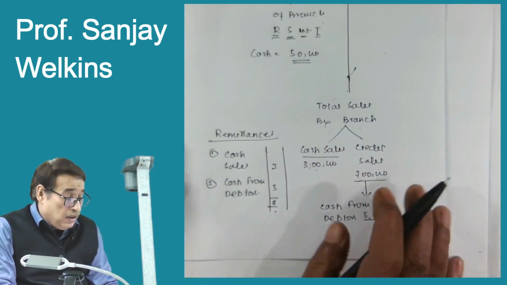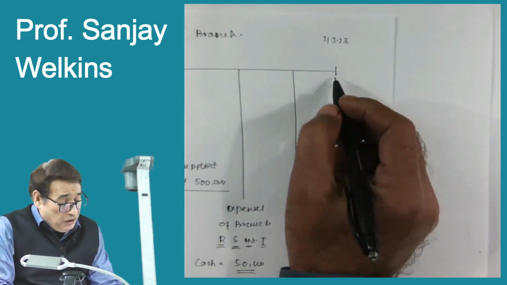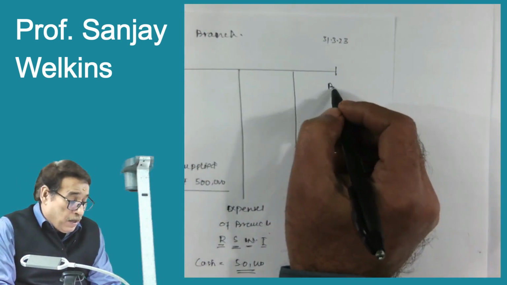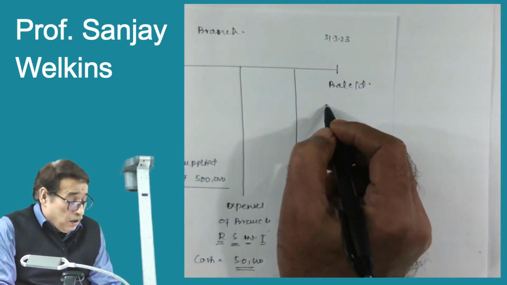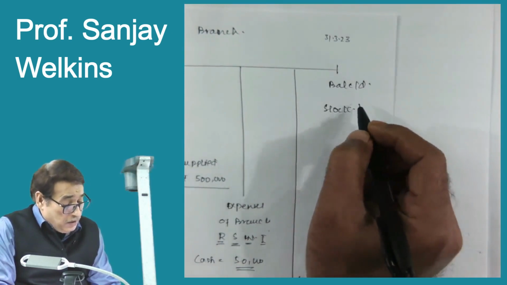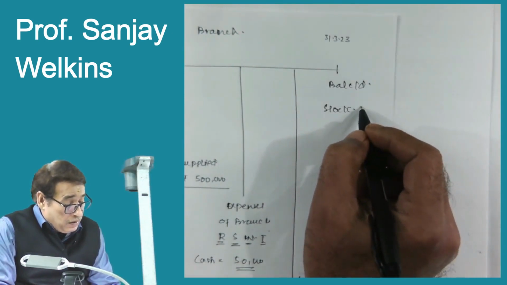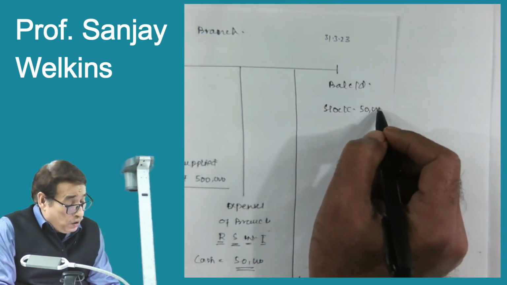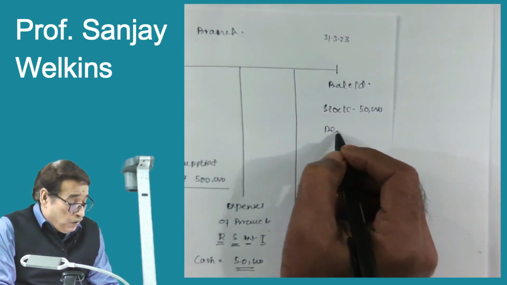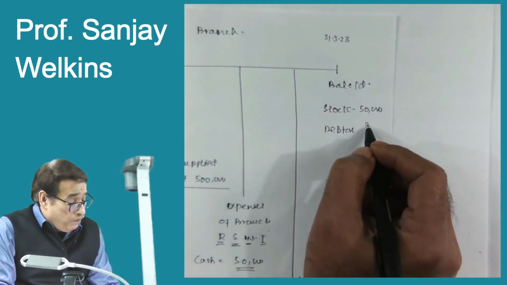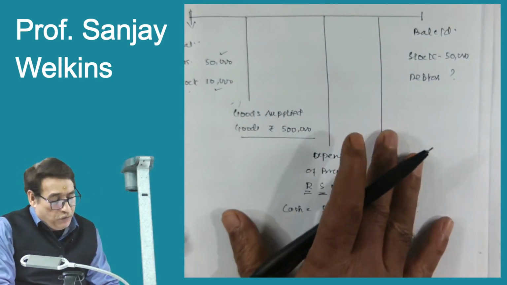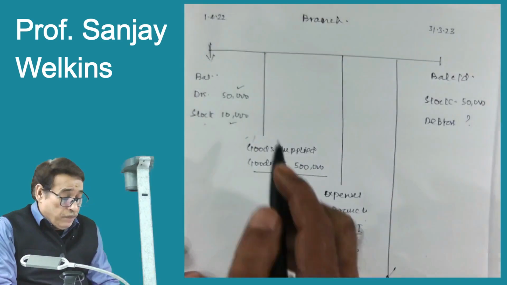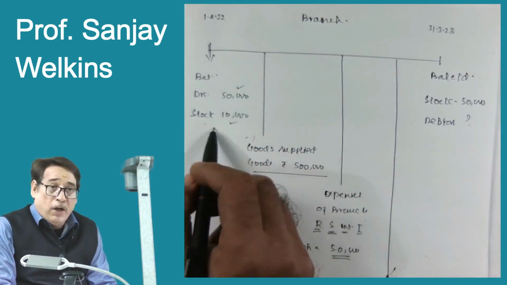So these are the information. And by the end of the accounting year, let us say balance carried down, stock worth rupees, let us say 50,000 remained unsold. This is balance carried down. And there were some debtors, but how much we do not know. Let us say this is a simple demo question. So opening balances with the branch amounted to this much.